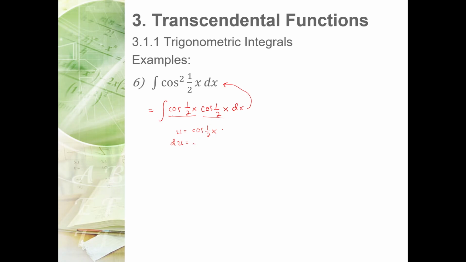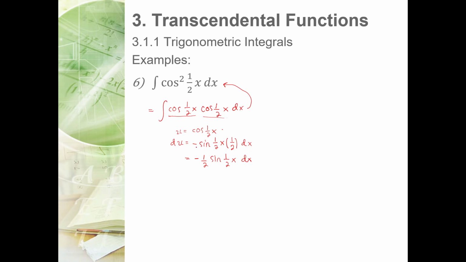So we have negative sine 1/2 of x times 1/2 dx. The resulting derivative is negative 1/2 sine of 1/2 of x dx.